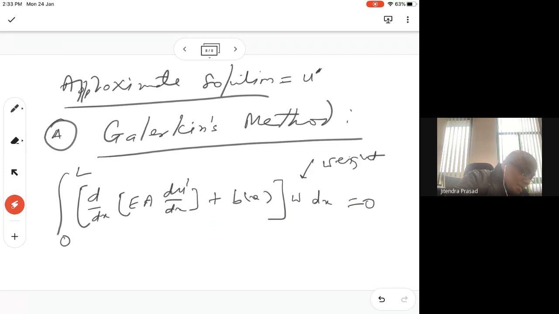If this condition is satisfied for any W, then we call u dash an approximate solution to the original differential equation.